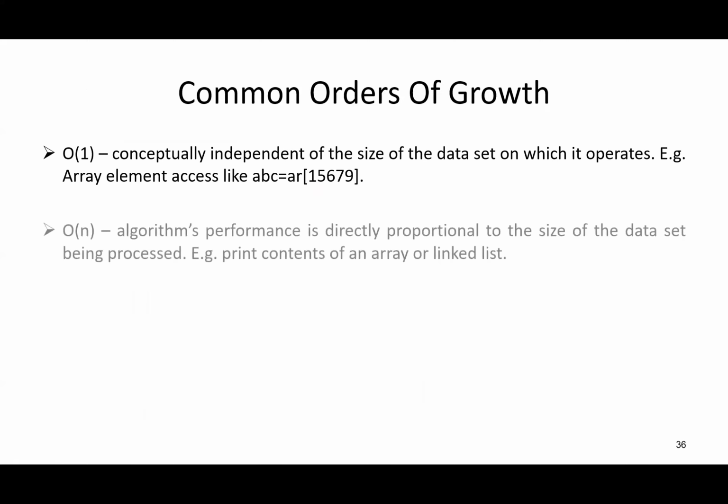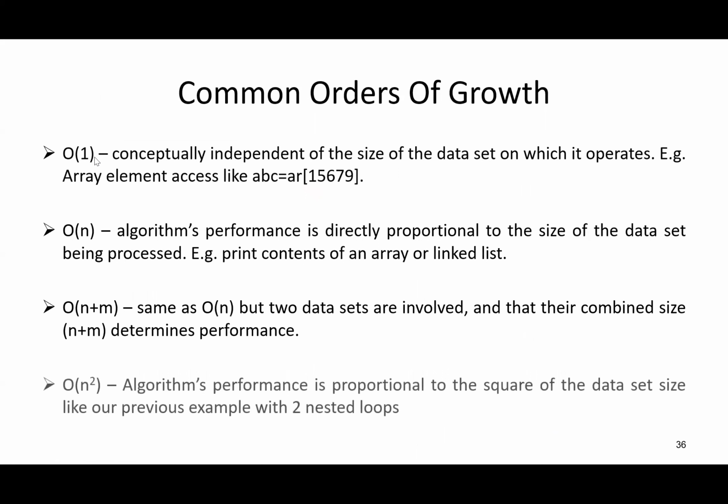So let's look at order of 1. What is the scenario that you're having? If the big O that you get is order of 1, usually it means your algorithm is independent of the size of the data on which it operates. For example, array element access, random access, right?